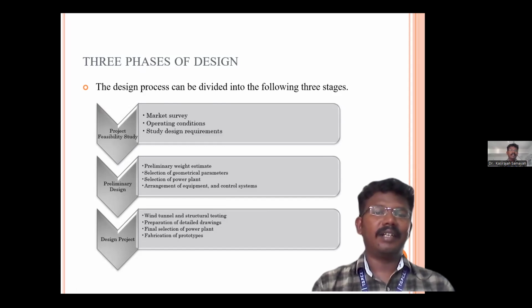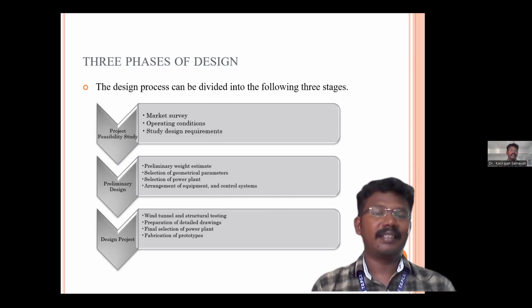Then after completing the feasibility studies and the preliminary design, we are going to design the project. It is the third phase of aircraft design. After completing the market surveys, operating conditions, design requirements, preliminary weight estimation, geometrical parameters, power plant selection, equipment arrangements, and control system, everything is arranged or concluded.